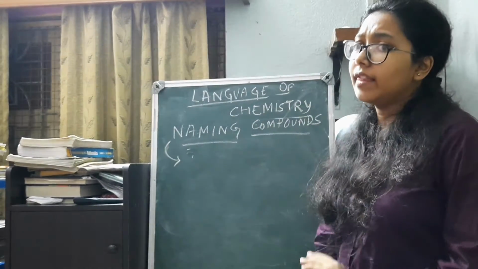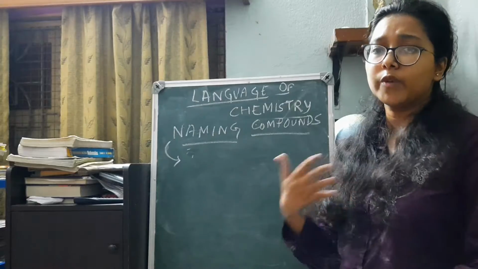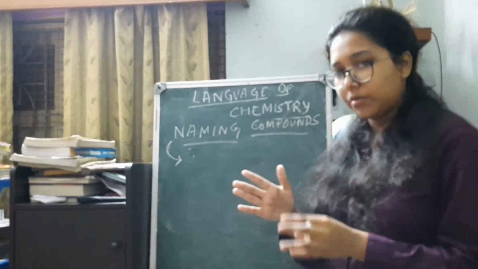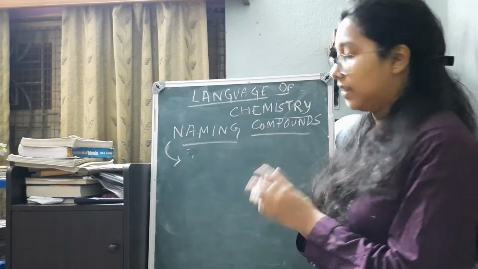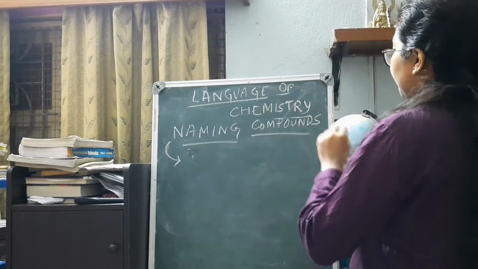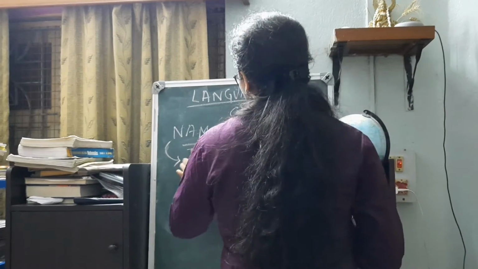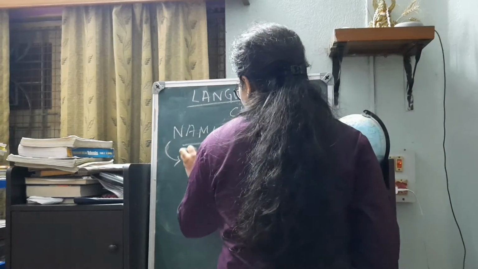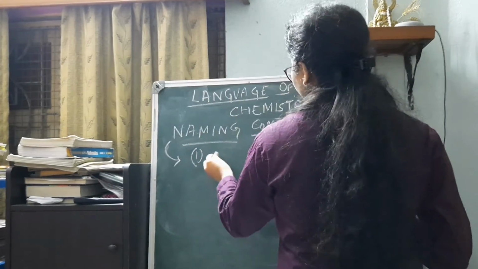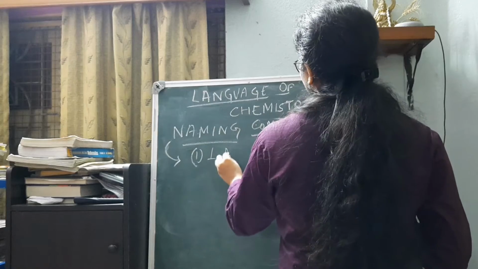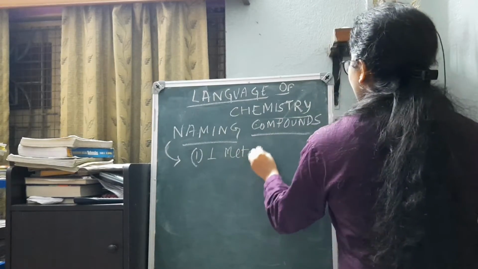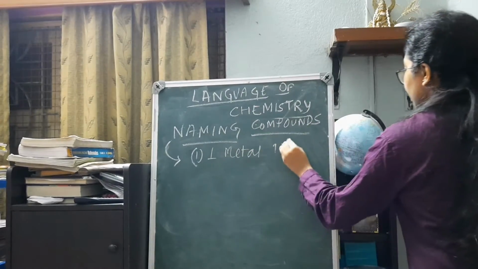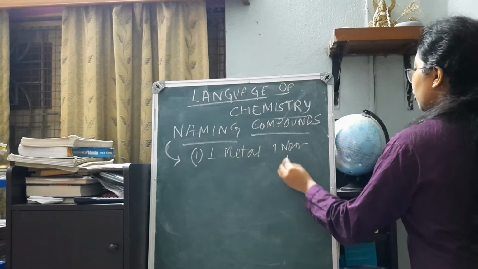Okay, so we are given the chemical formula. How are we going to name the compound? This is also very easy. Just follow it step by step. First, let's look at the important cases. The first important case is one metal and one non-metal written in the chemical formula.